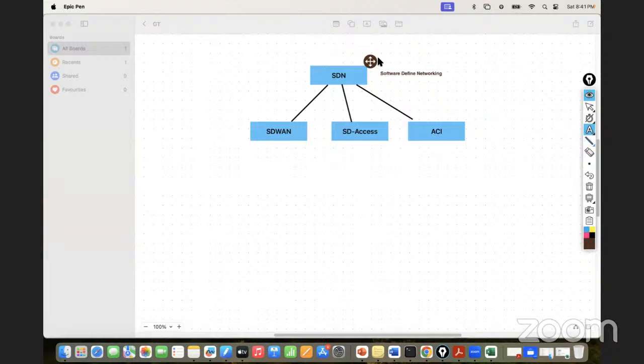So in all scenarios, even if I'm going to use SD-WAN, I'm going to decouple the control plane and data plane, right? So just ignore the typo. Same is going to happen for this one, same for this one. So SDN is a network architecture.